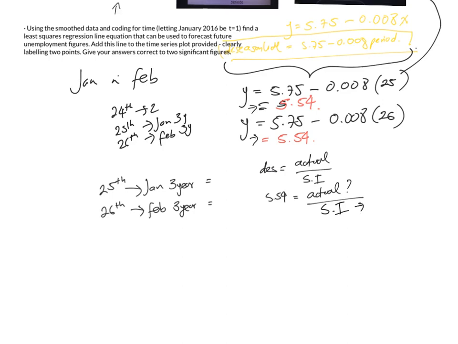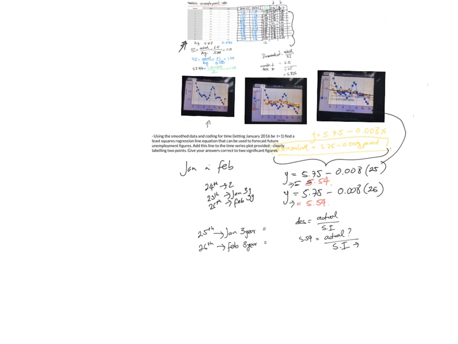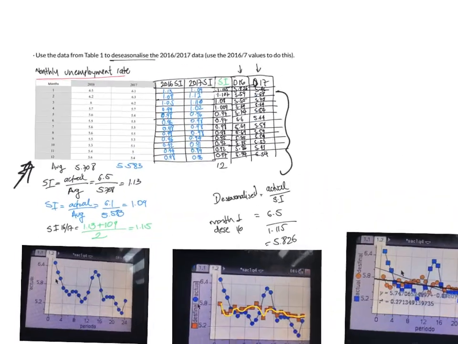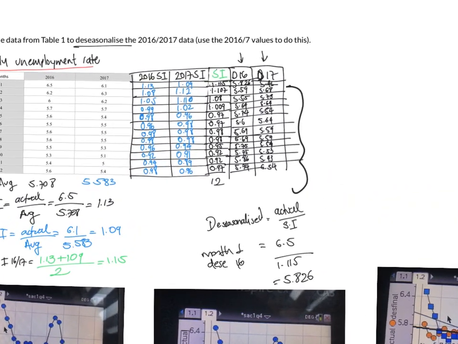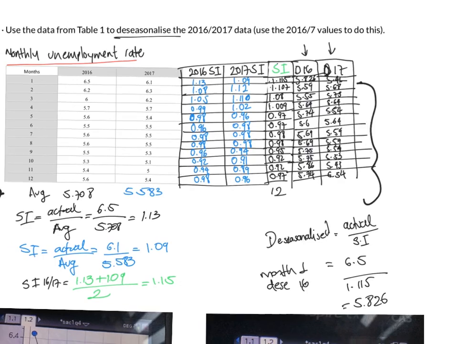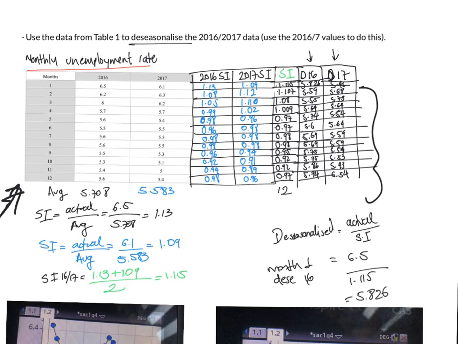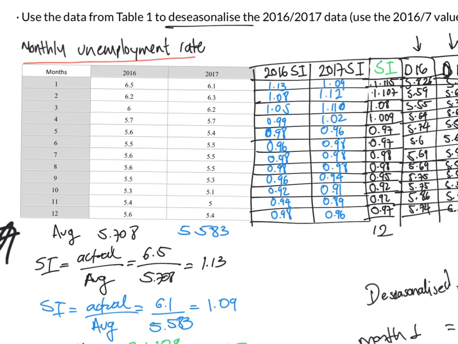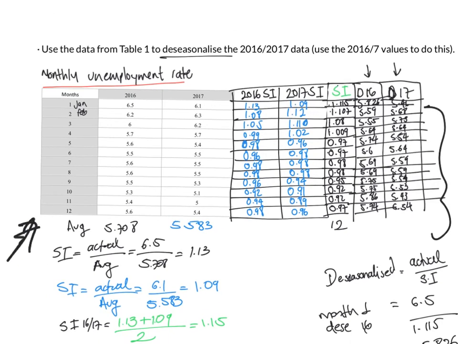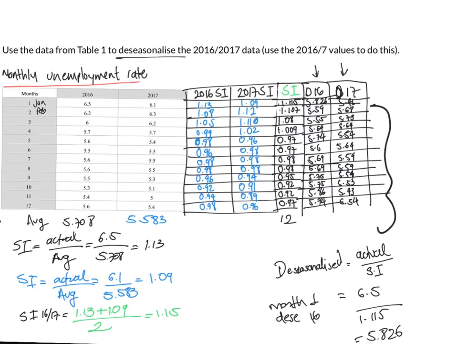we have to go back to our table, and if we go look here, remember we said this is January, and this is February. So we have an average of seasonal index for these two months.